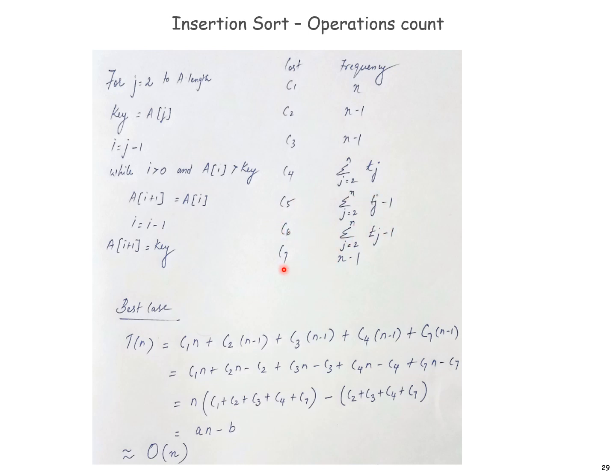And finally C7 into (n minus 1). So we just have to solve this expression, and we get n times a constant minus a constant, which is an minus b. So you can say that it is of the order of n. This is the best case of insertion sort.